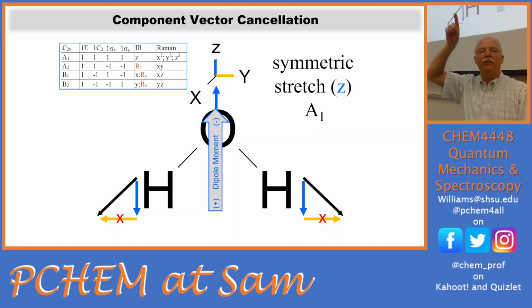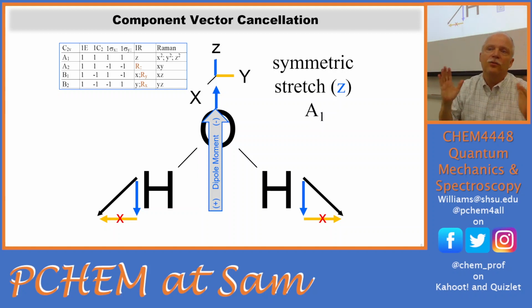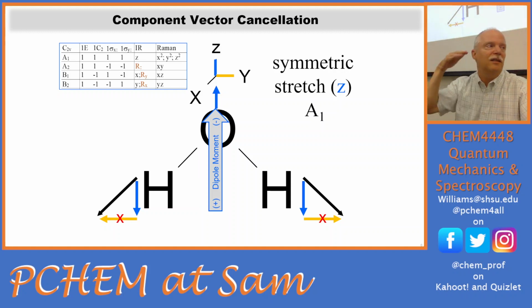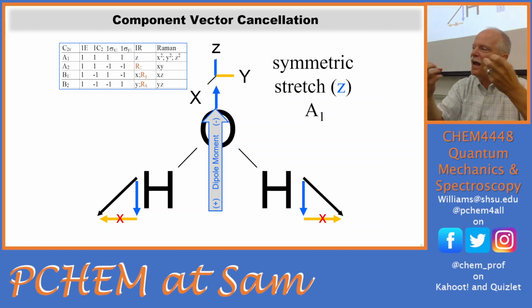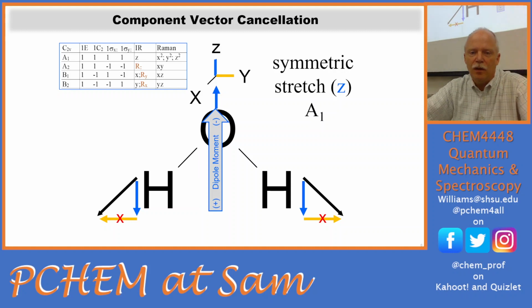So as light comes in with an oscillating electric field, and it matches the frequency of vibration, this dipole moment can oscillate with light and can absorb that light. So that's what's happening. If we don't have a change in dipole moment, then light's going to go right through the molecule. It's not going to have any handle to get a hold of.